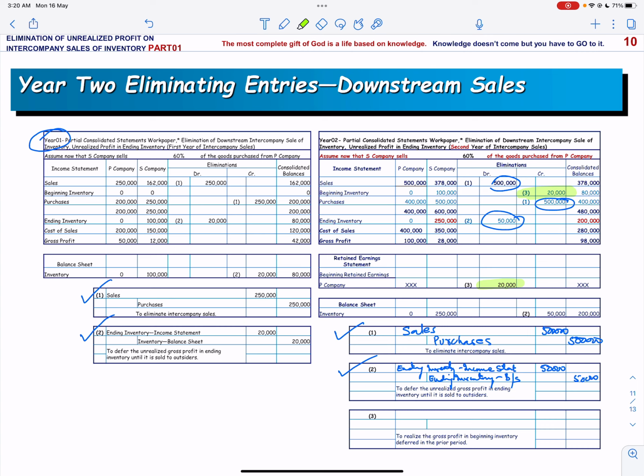So beginning retained earning P company is debit by 20,000, and beginning inventory income statement is credit by 20,000.